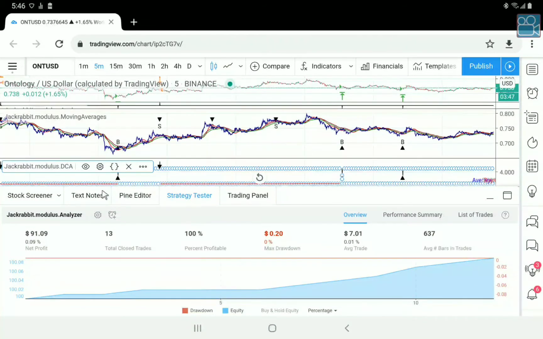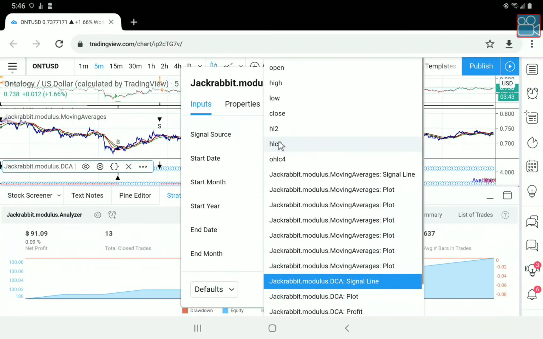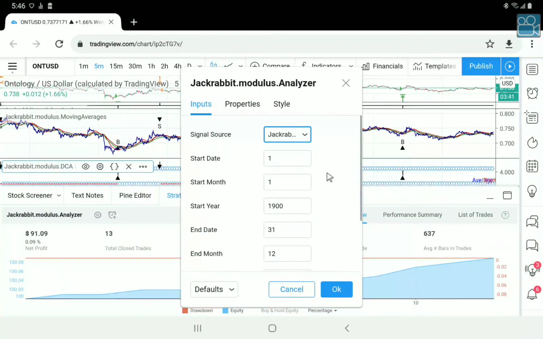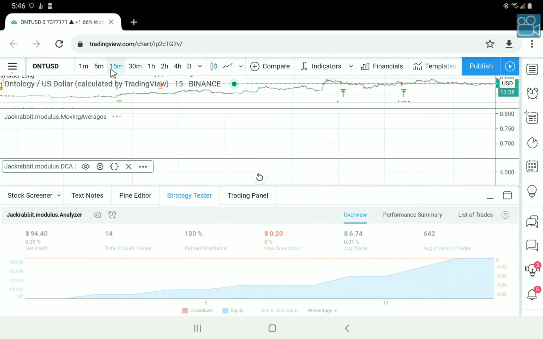Alright, so let's go back to the original one, the moving averages. Now by doing this, we are not evaluating dollar cost averaging in a chain, only the moving averages. And let's go up to the next time scale or time frame.